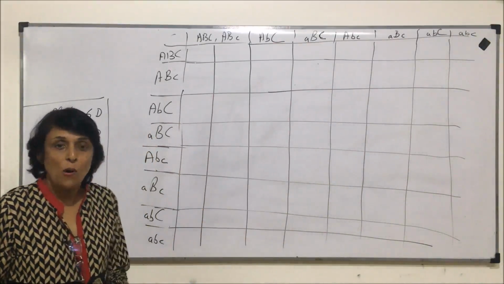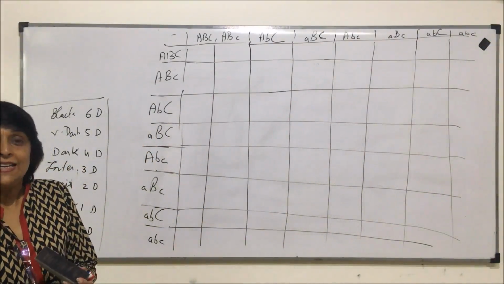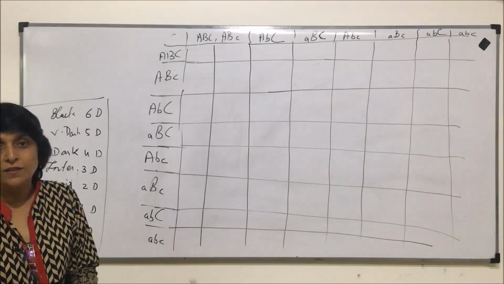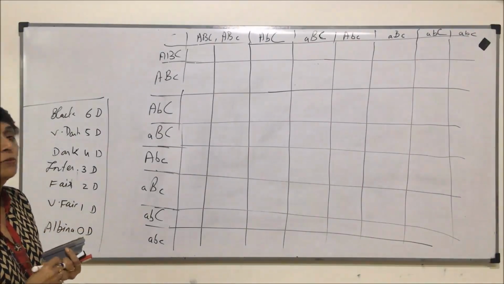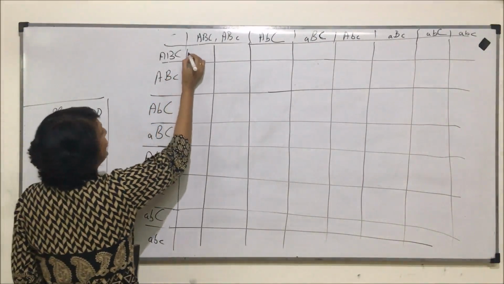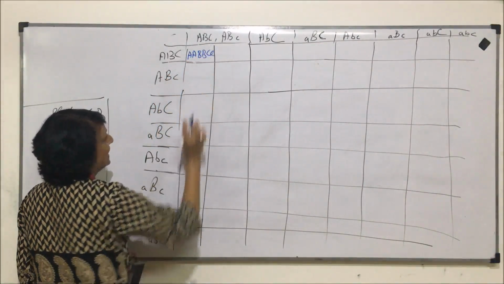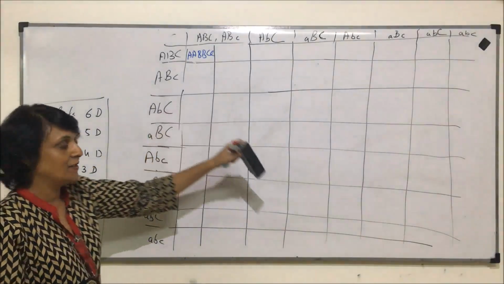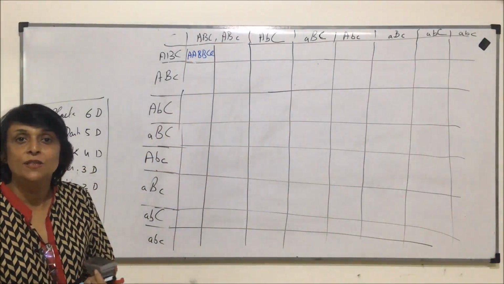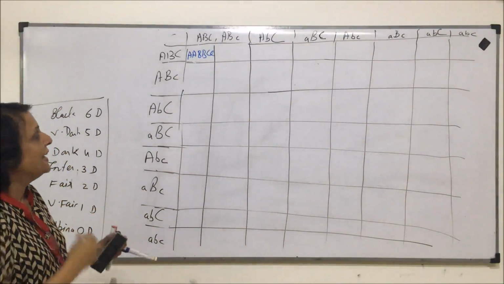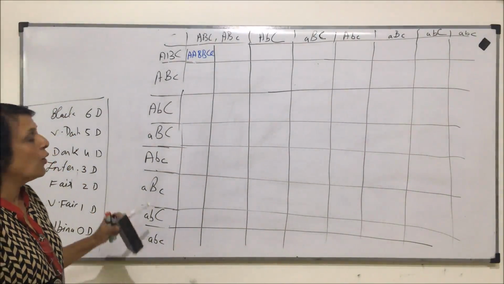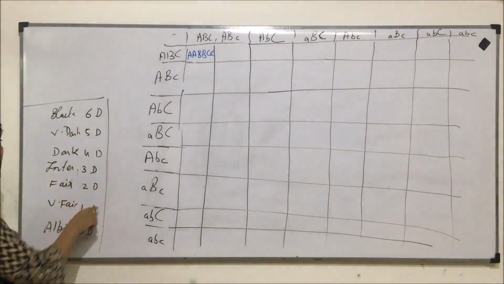Now we have to fill up all these. The easiest option, or maybe the orthodox option, would be that we write A, B, B, C, C. But then it's going to take about half an hour to fill up this complete Punnett square. Instead, can we go for a shortcut using this key?